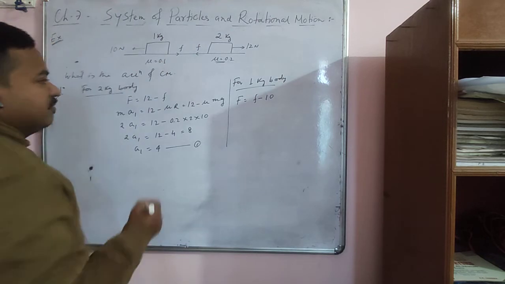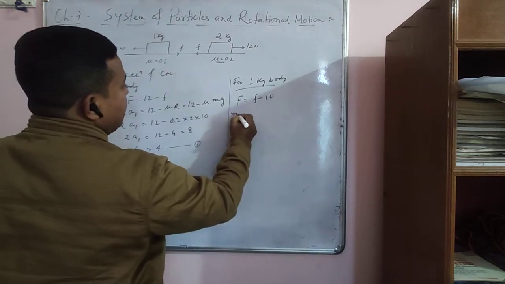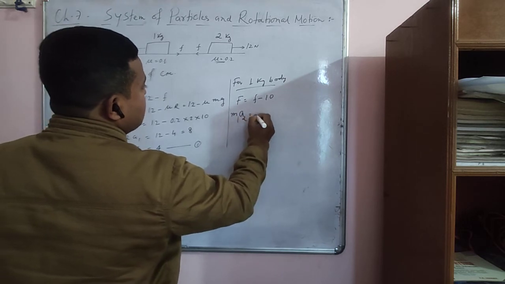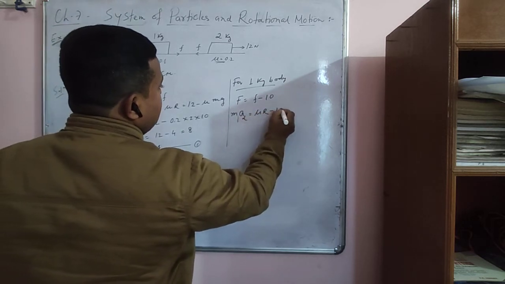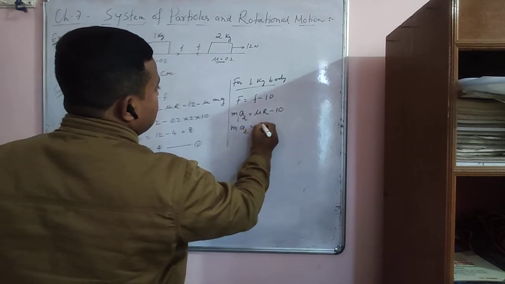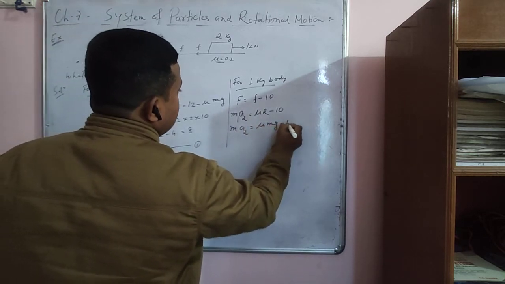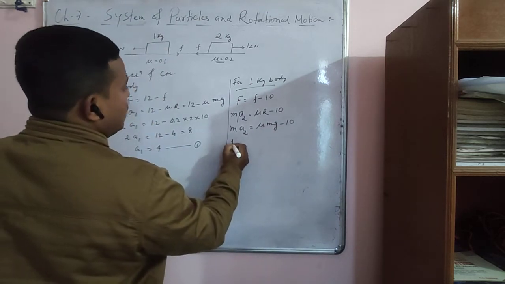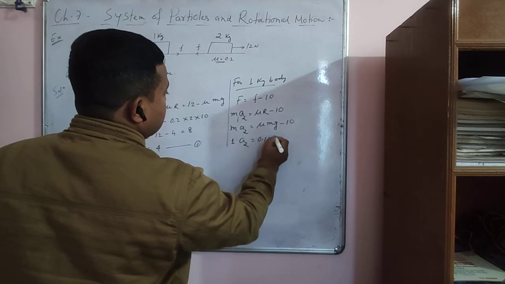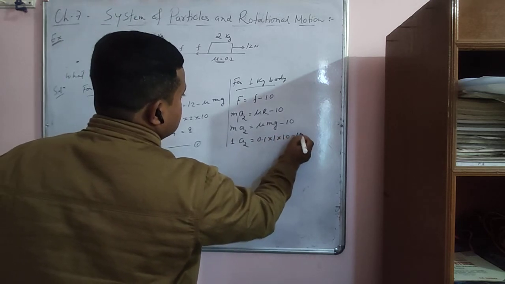So F equals MA. Taking a2, friction is mu R minus 10, so m a2 equals mu mg minus 10. Here m is 1, so a2 equals 0.1 times 1 times 10 minus 10.